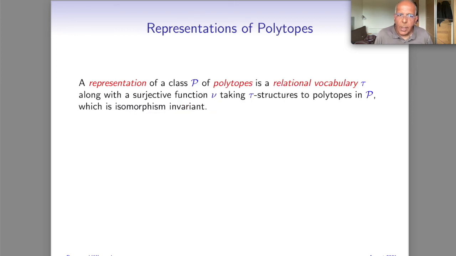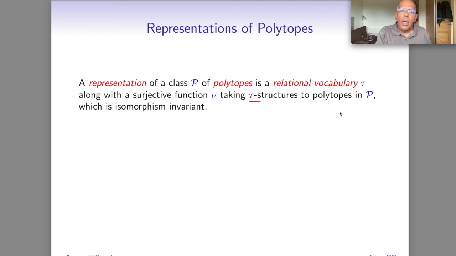Formally, we have a representation of a class of polytopes in a relational vocabulary. So for example, the matching polytopes can be represented as graphs. So the relational vocabulary might consist of a single binary relation. And there's a surjective function μ which takes τ-structures to polytopes.